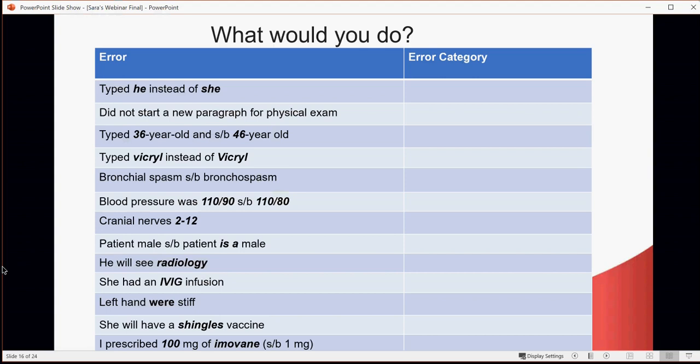Blood pressure was 110/90. Should be 110/80. Cranial nerves, 2 through 12. Patient male should be patient is a male. We've missed the words is a. He will see radiology.